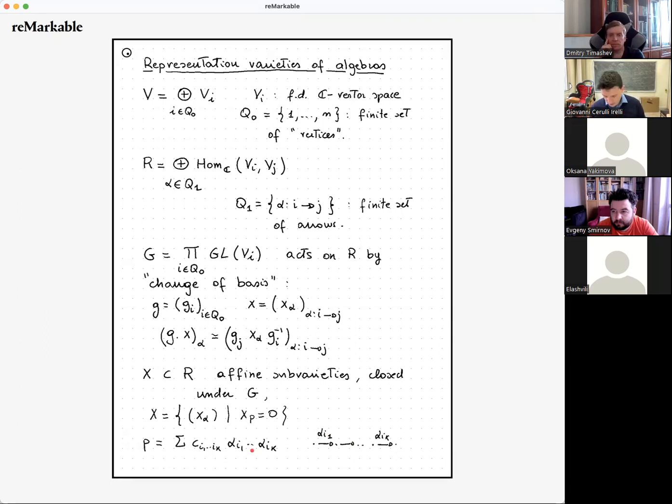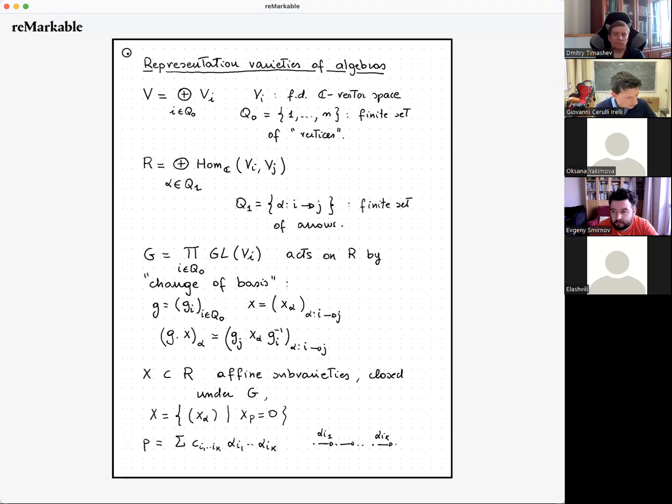And then I just require that X is the set of matrices such that when you multiply them following some fixed path, they are 0. So very easy. So these are kind of easy algebraic affine varieties with a G action.